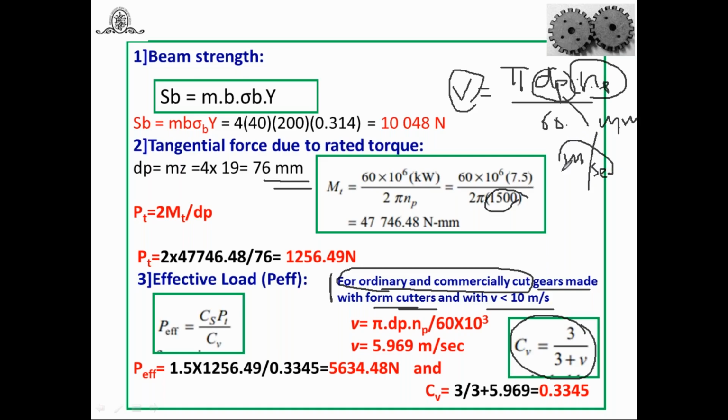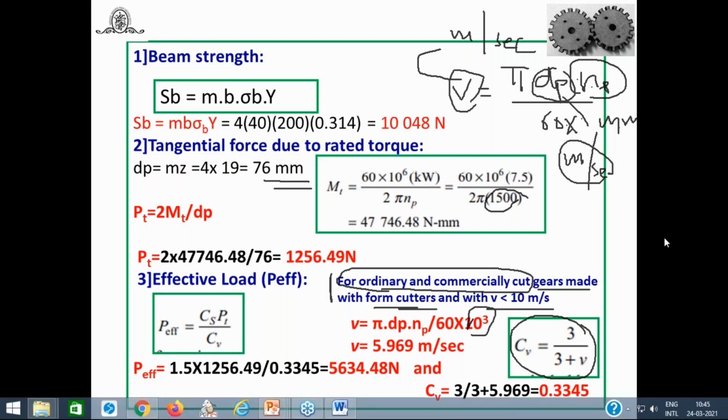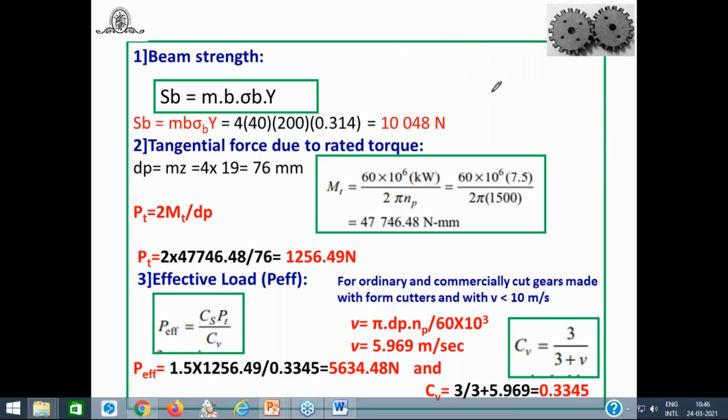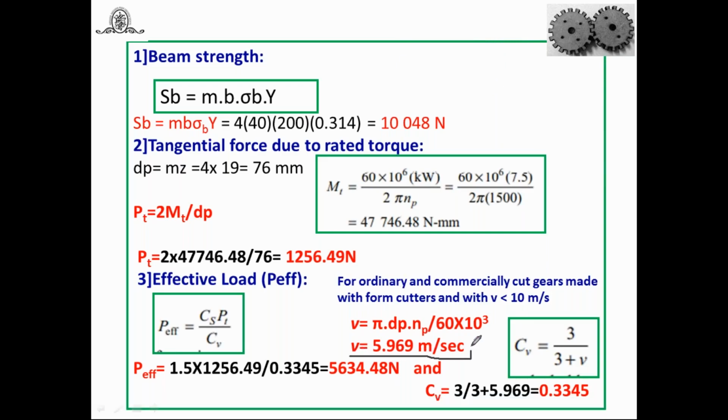To calculate in meters per second, you can divide by 60 into 10 raised to 3. After substituting all these values in V is equal to pi dN by 60 into 10 raised to 3, you will get V in meter per second. I have calculated V is equal to how much?